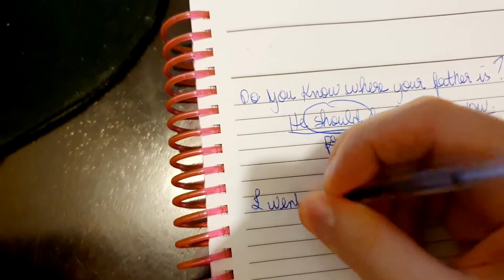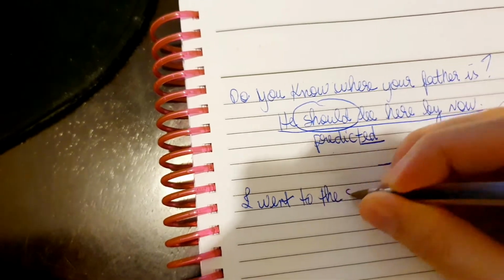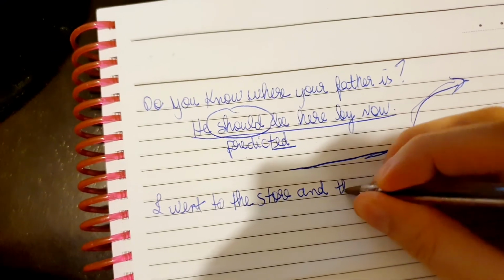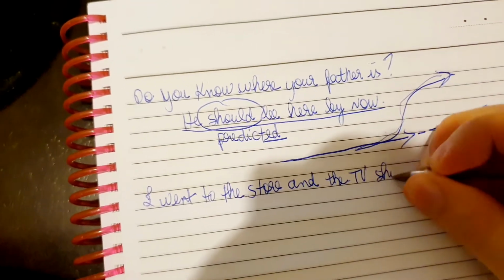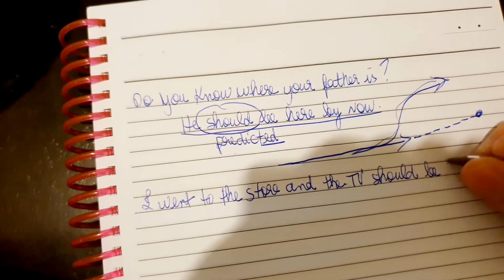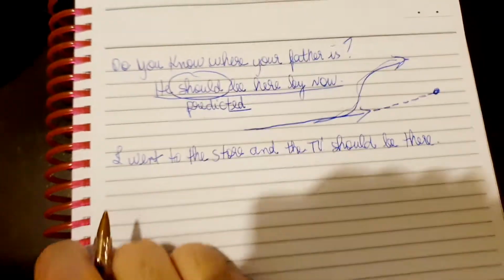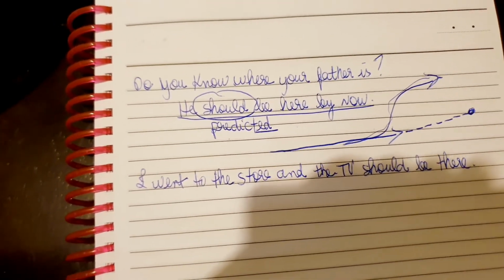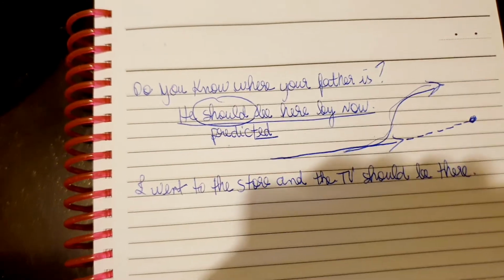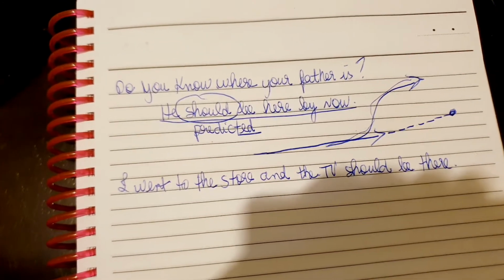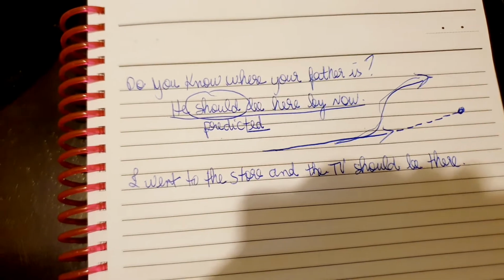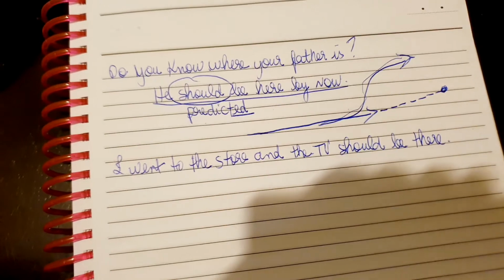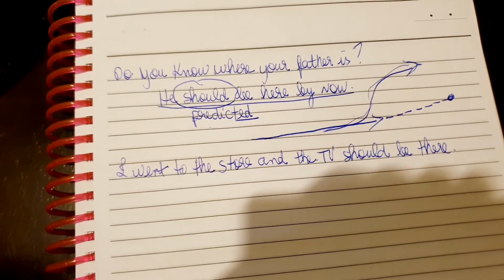I went to the store and the TV should be there. I told the sales clerk, could you make a reservation, please? Take that TV. I'm going to buy the TV, but I just have to check on something, and after some time, I will come back and take the TV.